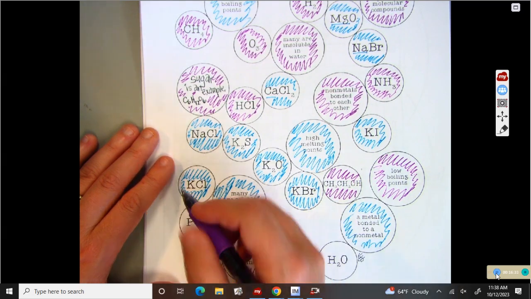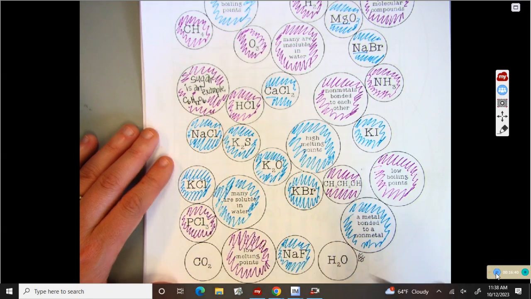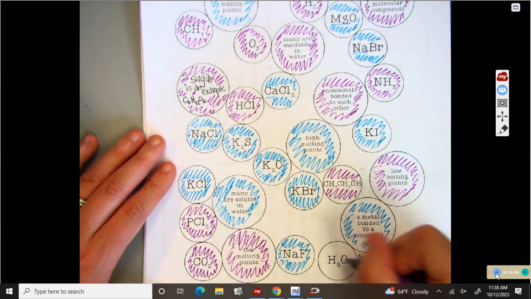And then phosphorus and chlorine, definitely nonmetals, so we're going to call that covalent. Carbon dioxide right here, 2 nonmetals, carbon and oxygen. So be sure you have colored these in. And H2O, water, definitely going to be covalent. No metals in water.